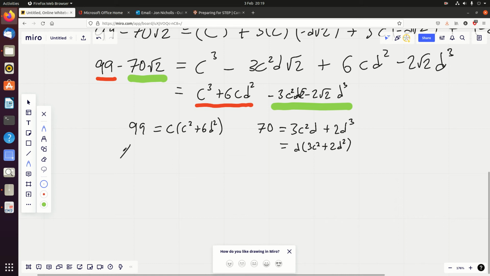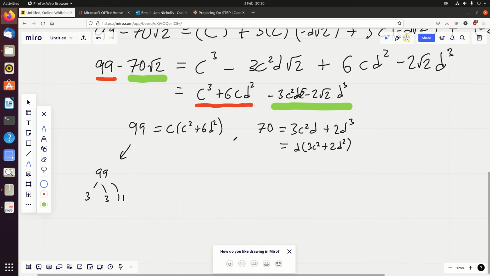I think, well, what about 99? That's got a few factors: 3, 3, and 11. So I've got a nice prime factor decomposition here. So I'm expecting one of these two factors to be equal to 9 and the other equal to 11. Or maybe one's equal to 3 and the other's equal to 33. Or maybe one's equal to 1 and the other's equal to 99. But that should be possible.